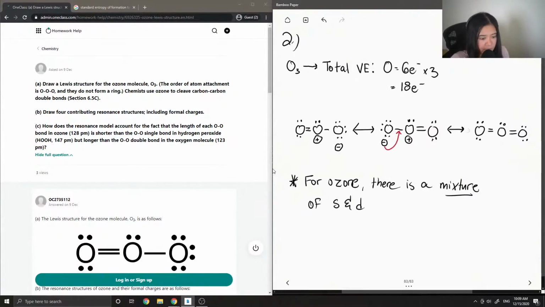So single and double bonds. So that's why its length is 128 picometers.